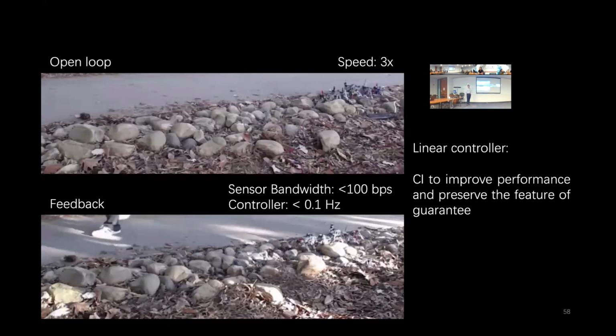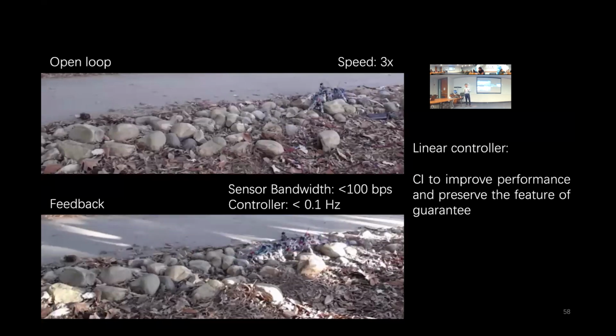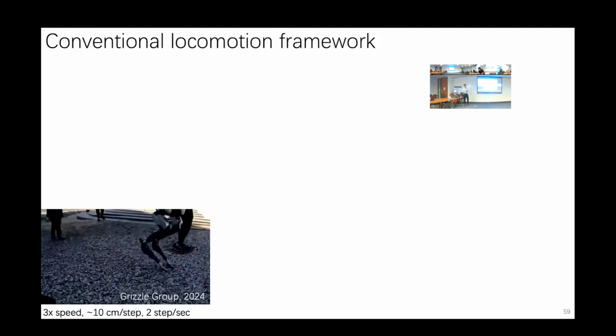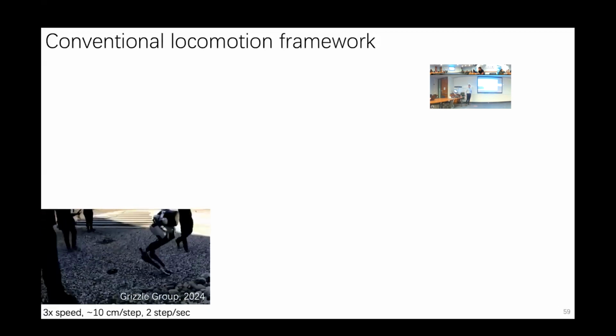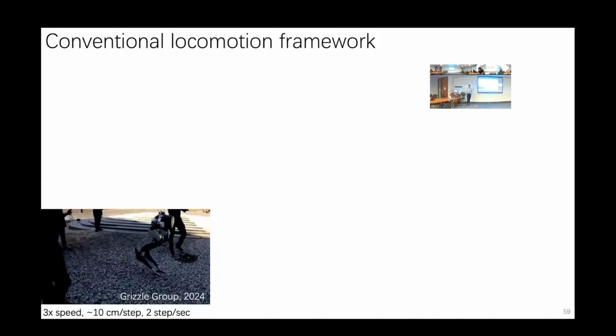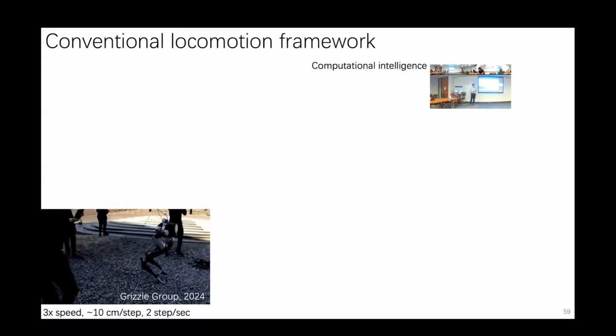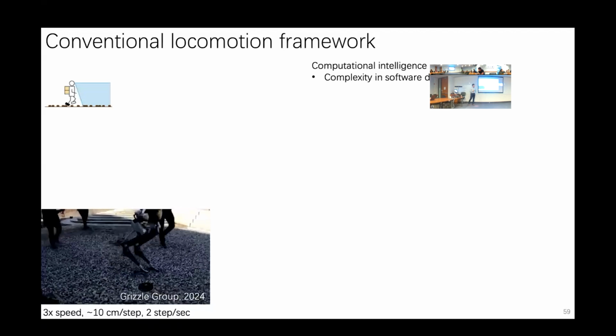So how can we interpret these results, especially in the broader spectrum of computational and mechanical intelligence? And to answer those questions, let's take a step back and appreciate the great work of Cassie. As we've discussed before, in legged systems, the complexity is in the real-time detection and responses in a software design.